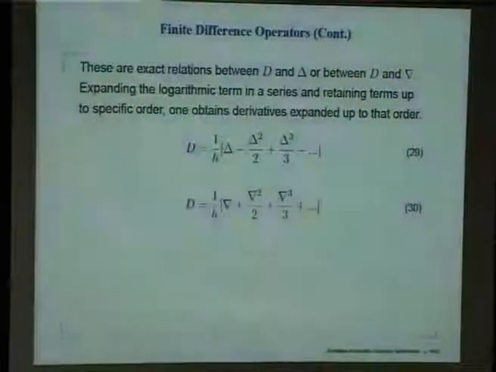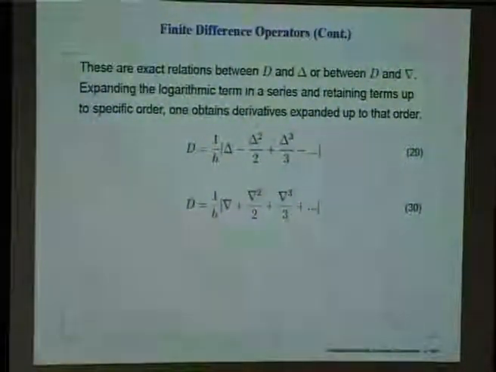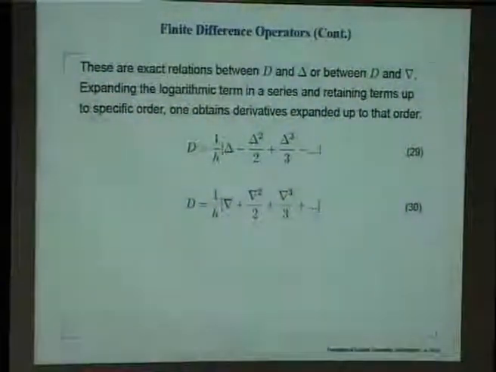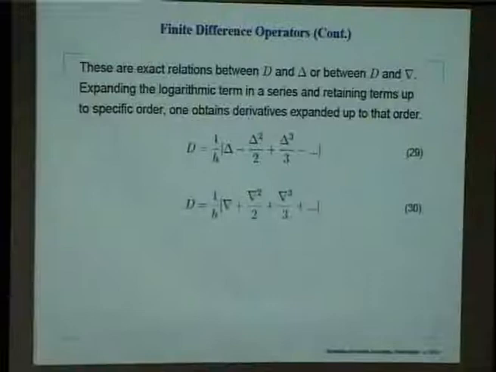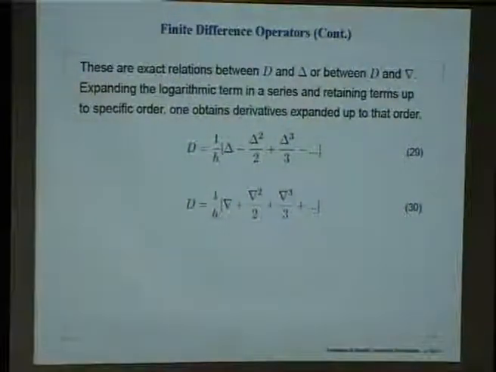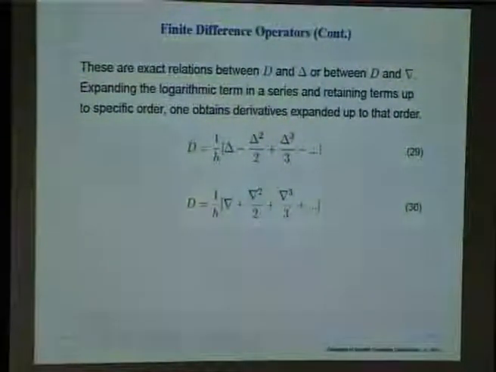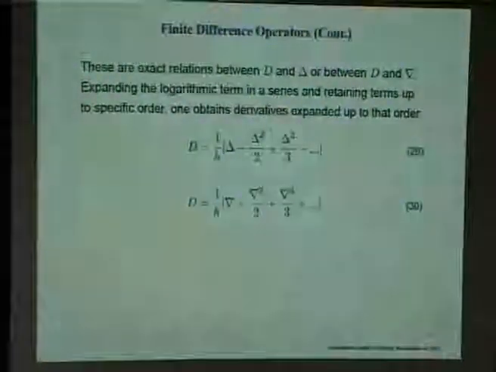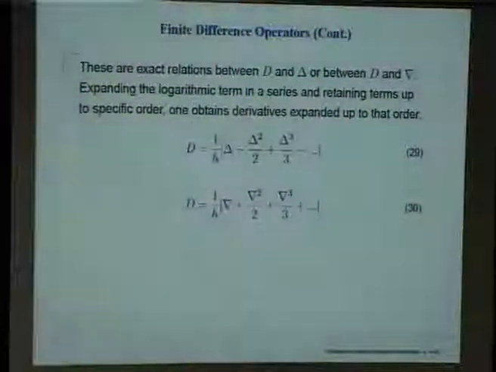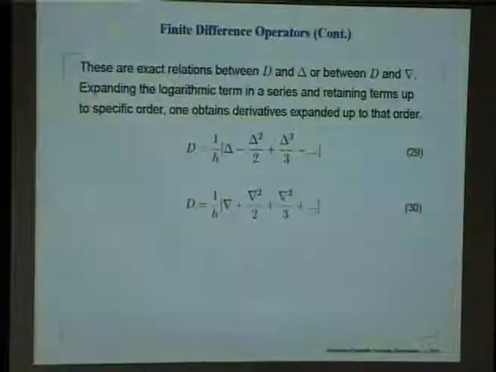So, for example, if I just keep the first term, then I would have gotten the forward difference operator that we had written. So, if I retain the first two terms, it is going to be a higher accurate formula, because the omitted term would come from now delta cube.